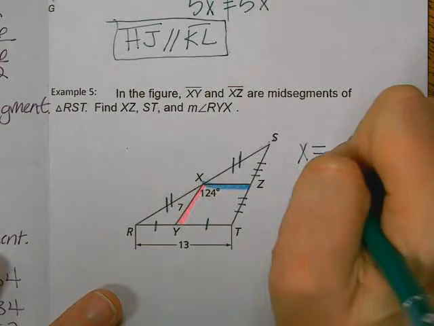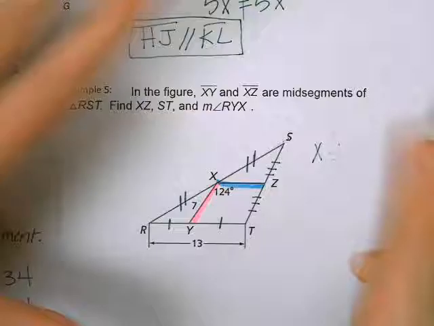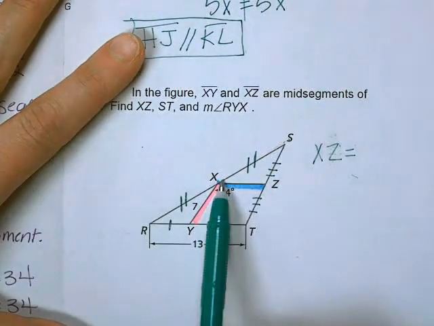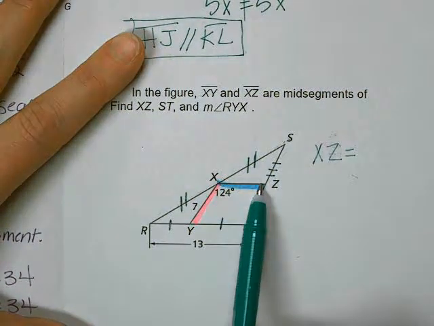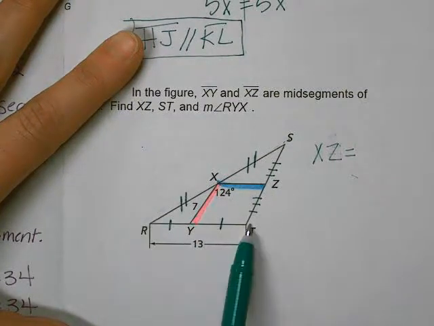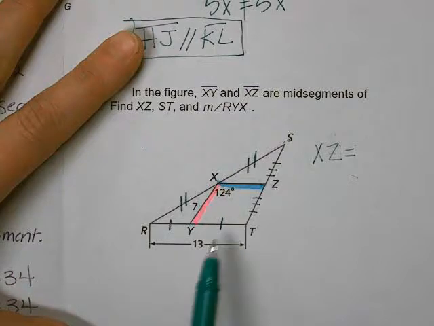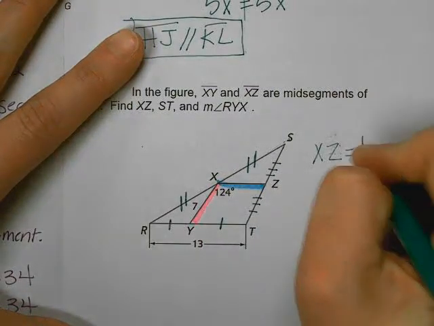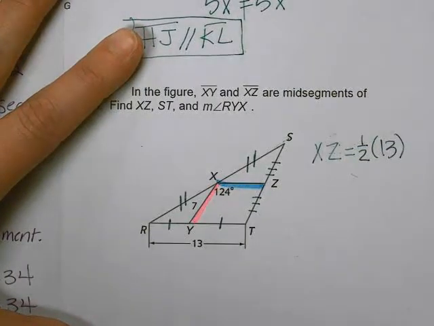So XZ is the midsegment, so that means it's parallel to another line, right? It's parallel to RT. So if RT is 13, then XZ is going to be half of that 13, right? So what is half of 13? 7.5.